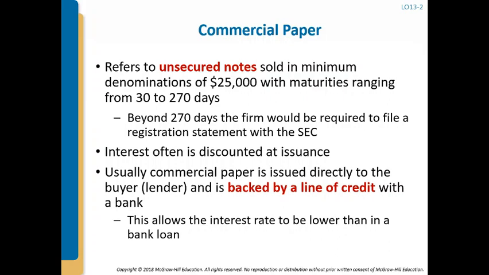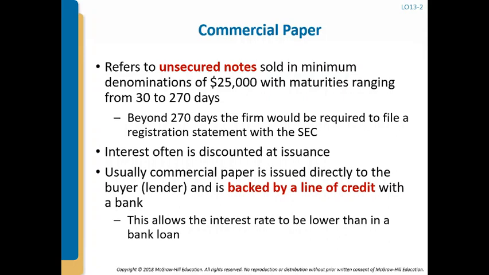Commercial paper, these are unsecured notes sold by the company. The denominations are usually $25,000. The maturity dates range anywhere from 30 days to 270 days. So very short times.